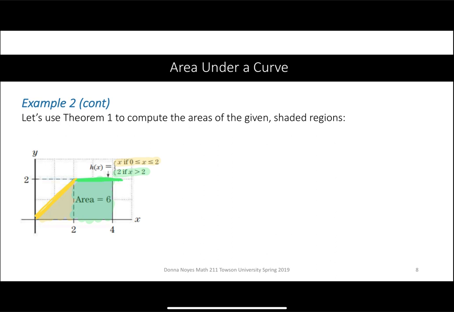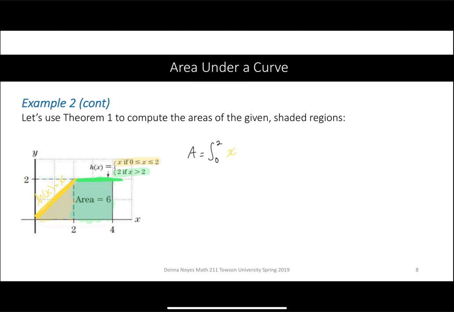So what we're going to have to do is say that now our area, let me get my pen a little smaller again. Okay, so our area here now is going to be the area from 0 to 2, where we only use h of x equal to x.